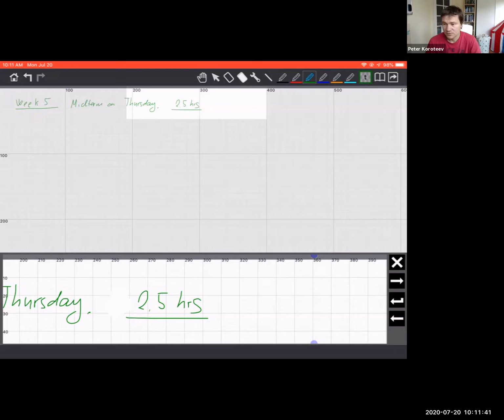Will it cover 14.7 and 14.8? 14.7, let me remind myself what it is. Maximum minimum values, no. That would be too soon, right? So we'll talk about 14.7 and 14.8 today, tomorrow. And then we'll have a discussion on those matters on Friday.